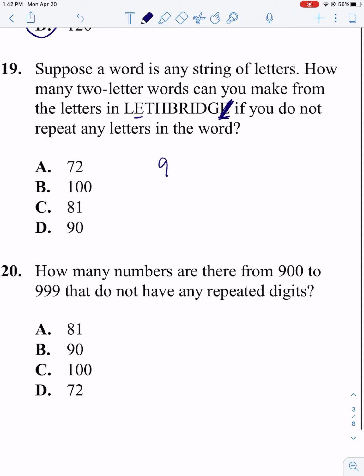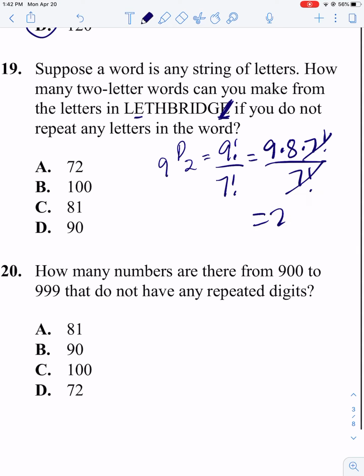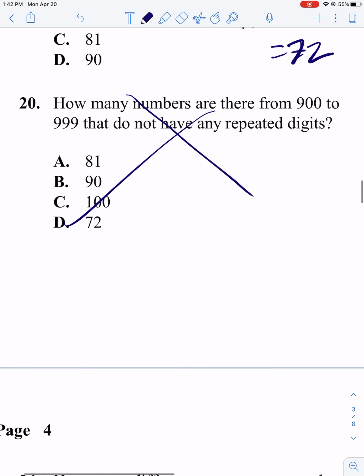So this one's just 9p2. So 9 factorial, I start to cheat after a while. I know it's going to be 9 minus 2 is 7 factorial. This is 9 times 8 times 7 factorial over 7 factorial. So there's your 72. 20, just cut it out. I'm not going to ask you 20.